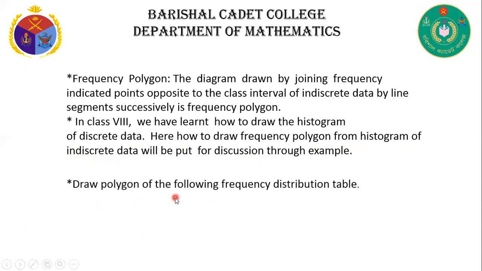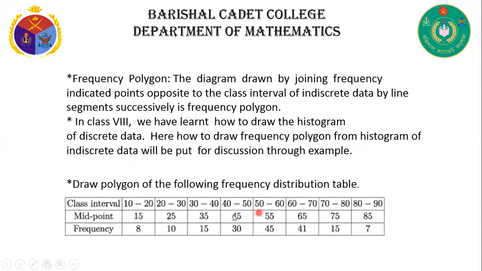Draw the frequency polygon of the following frequency distribution table. Here the class intervals are 10 to 20, 20 to 30, 30 to 40, 40 to 50, 50 to 60, 60 to 70, 70 to 80, 80 to 90. This is the given class interval. Now the midpoint. Midpoint means 20 plus 10 divided by 2, that means 30 divided by 2, 15.